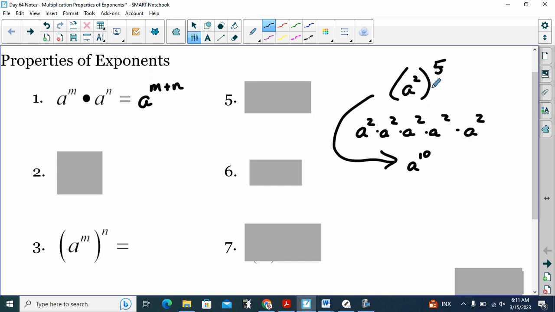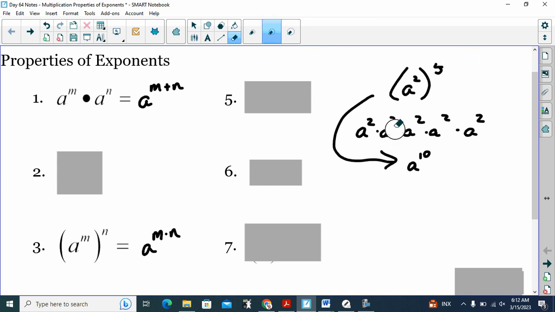Power of a power, I'm going to multiply the exponents. So if I have power of a power, we multiply exponents. A to the m times n, a to the mn power. If I multiply, I add the exponents. If I have a power of a power, I multiply the exponents.